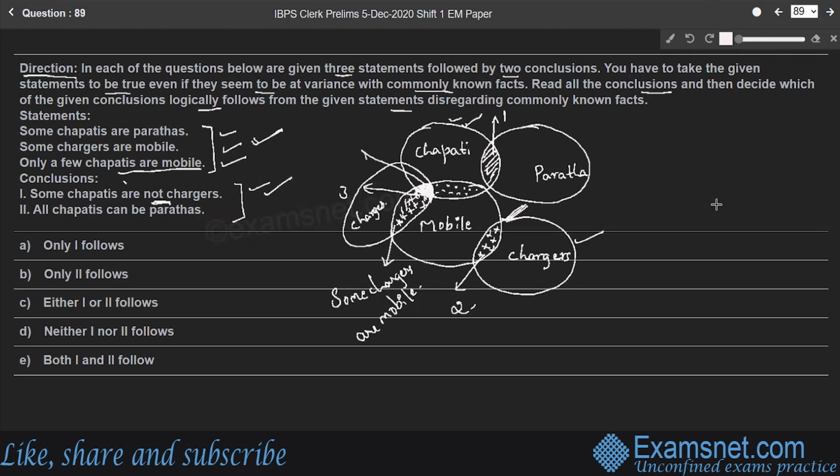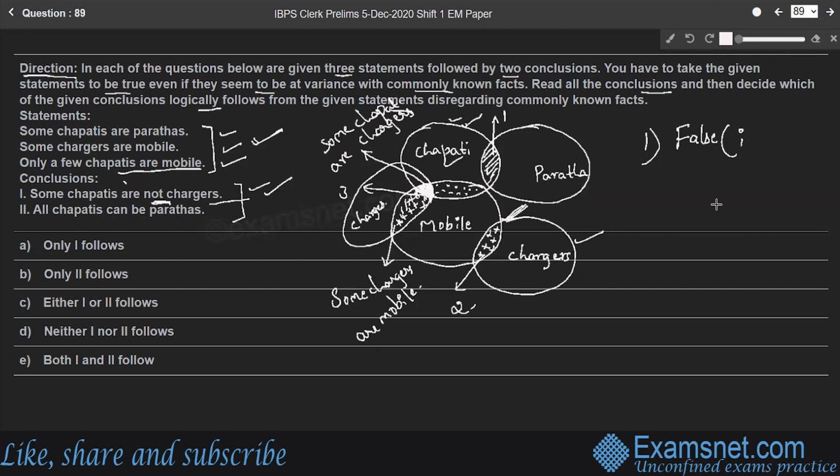This portion represents some chapatis are chargers. That means there is a possibility that some chapatis are chargers. So we cannot conclude some chapatis are not chargers. Hence, the first conclusion is false.